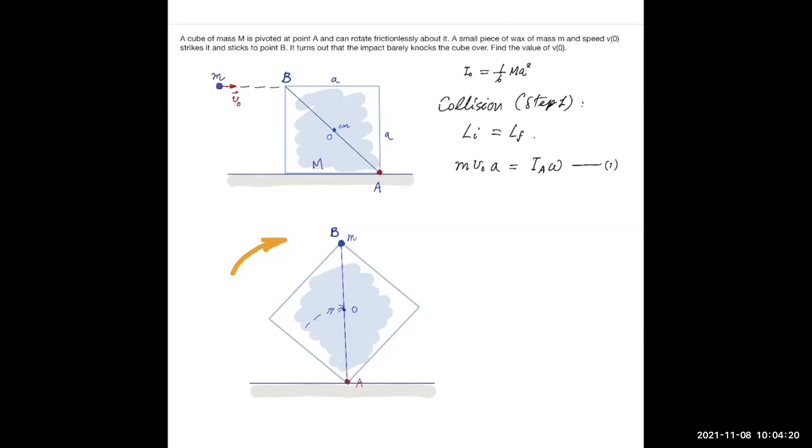Now, once the collision is over, they start to rise. The piece of wax stuck at point B and the cube rise together. What conservation law can we use here for the rising process?